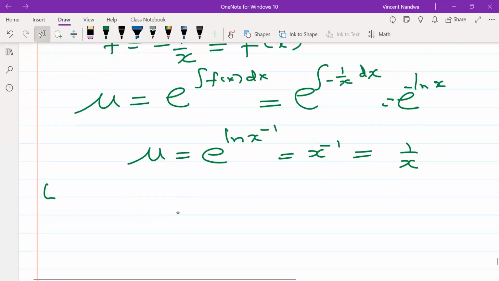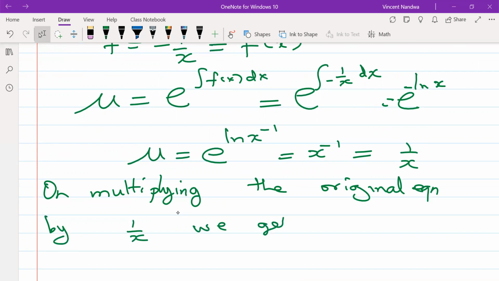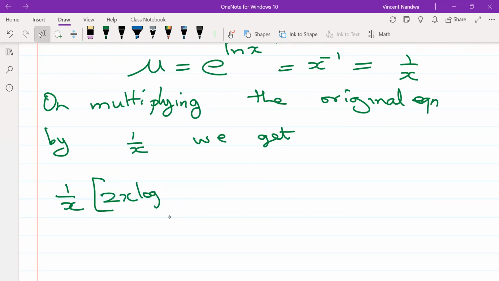So on multiplying the original equation by 1 over x, we get 1 over x into 2x log of x minus xy dy plus 2y dx equals to 0.